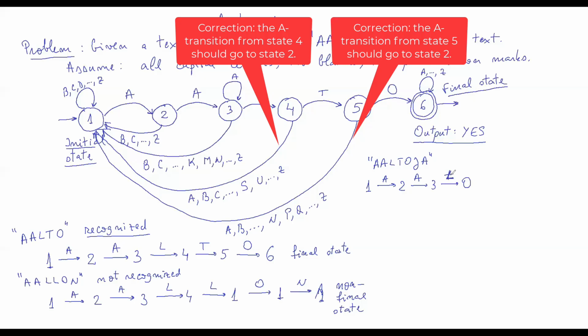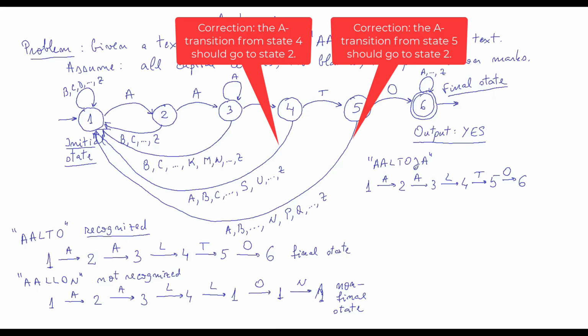I'm sorry, this is an L, so that's an L, brings me to state 4, and that's a T brings me to state 5, and then with letter O I come to state 6, and then in state 6 I have to read letter J.